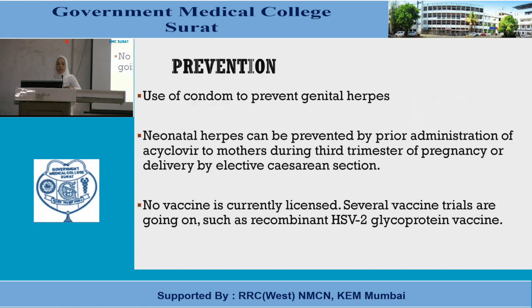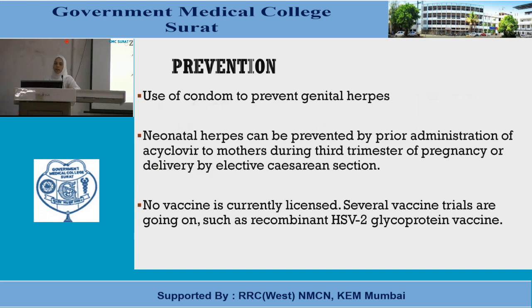That's how the incidence has come down from previously. No vaccine is licensed right now. Several vaccines have been tried and trials are going on. Recombinant herpes simplex 2 glycoprotein vaccine, which I said is how you utilize this glycoprotein. Okay, so that was all about herpes simplex 1 and 2.